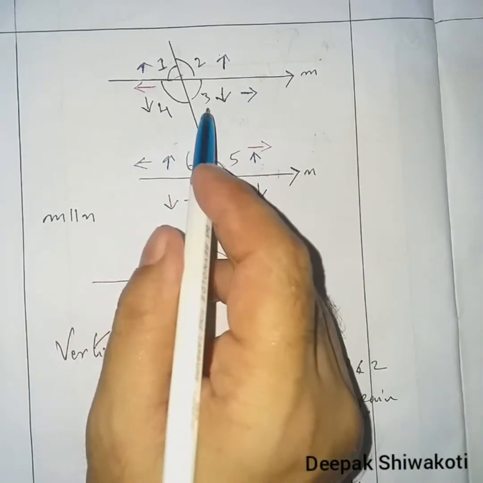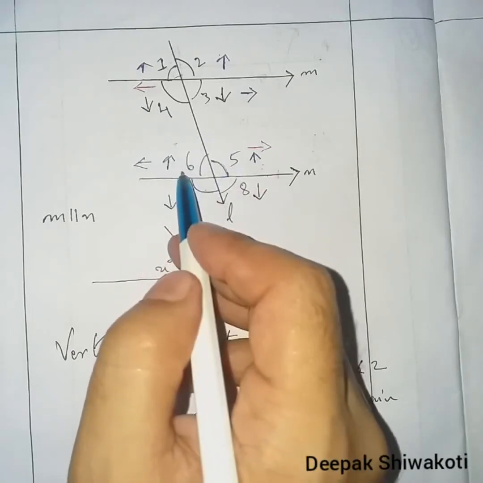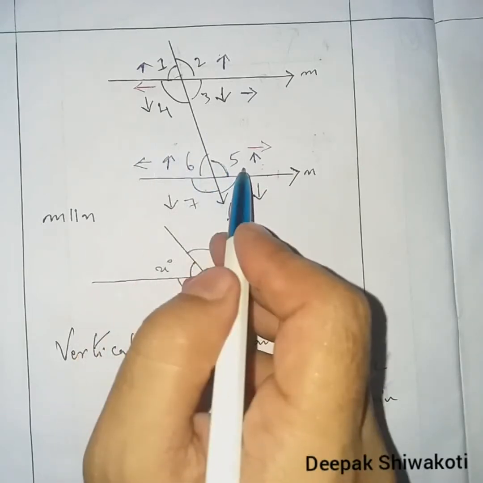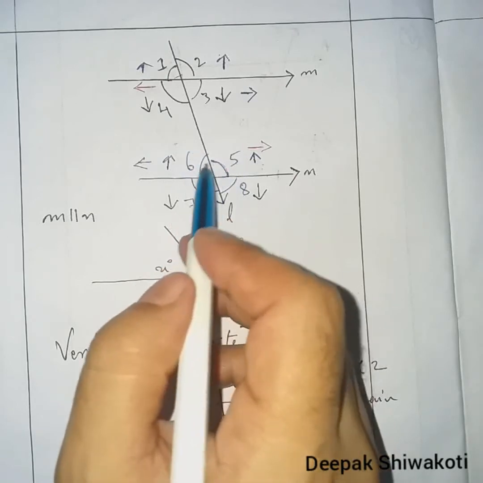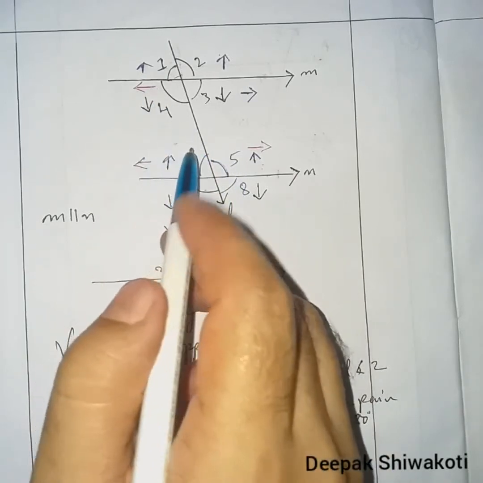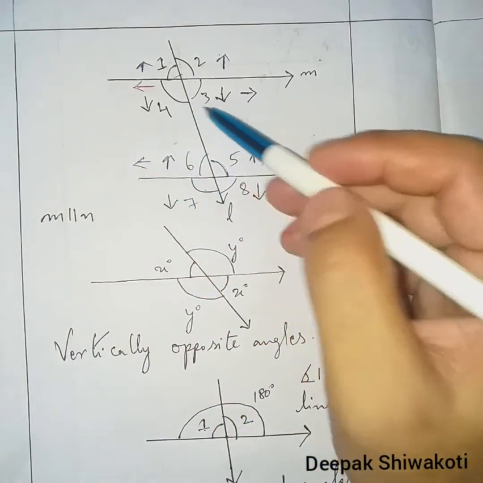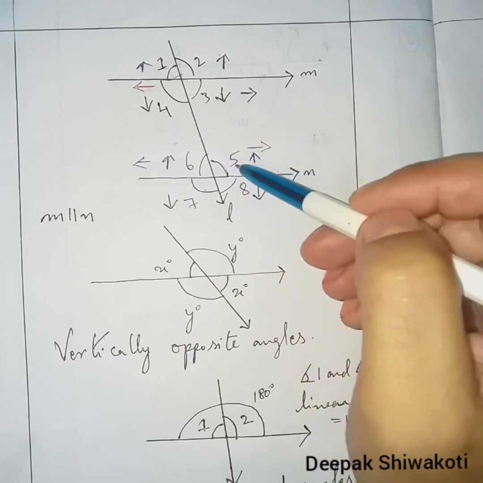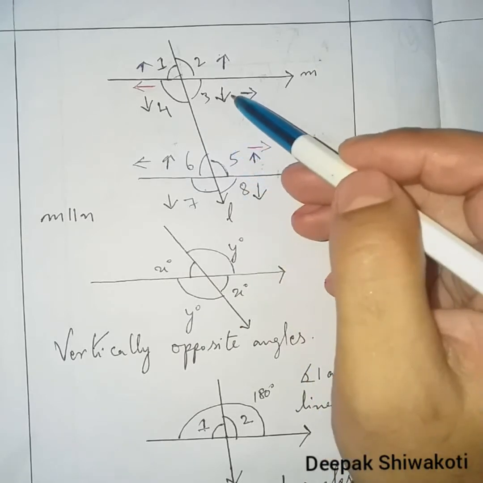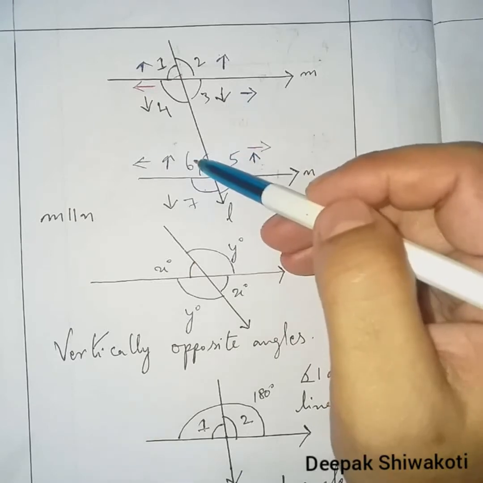So angle 3 and angle 6 are alternate to each other. Angle 4 and angle 5 are alternate to each other. The angles which are alternate inside these parallel lines are called interior alternate angles. That means angle 4 and angle 5 are interior alternate angles, and angle 3 and angle 6 are also interior alternate angles.